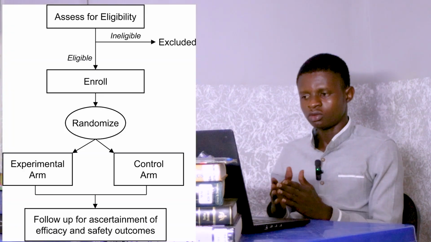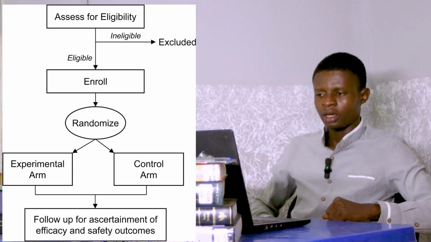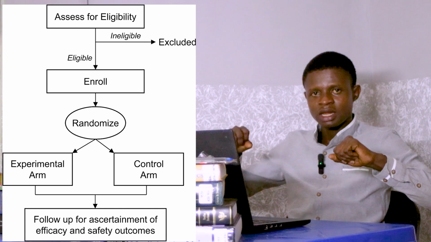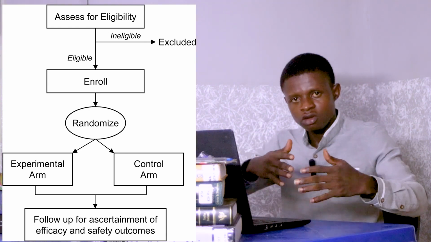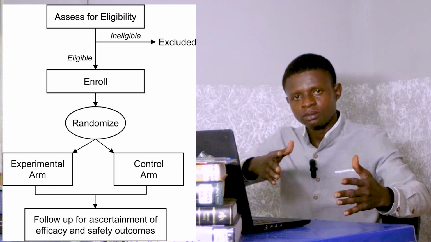That would be bias. So you do random selection based on either simple random or computer generated or the stratified. You use any of them to group your people into the intervention and then the control arm of the study. So then you can follow them to see what will happen to them.